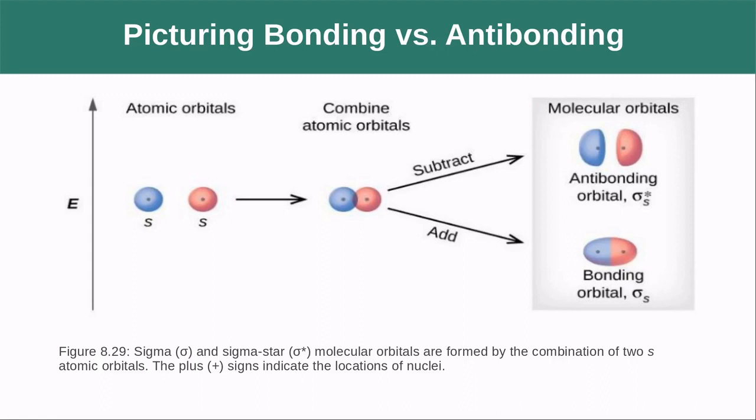So if we take the case of two s orbitals and we consider their atomic overlap, the possible molecular orbitals they'll make could be antibonding, bringing the two nuclei apart, or bonding, overlapping, and bringing the nuclei together.